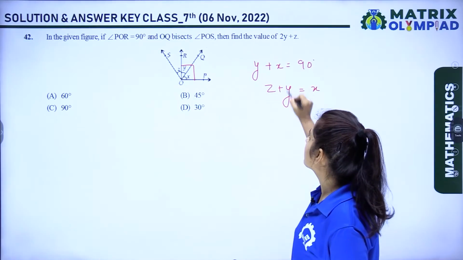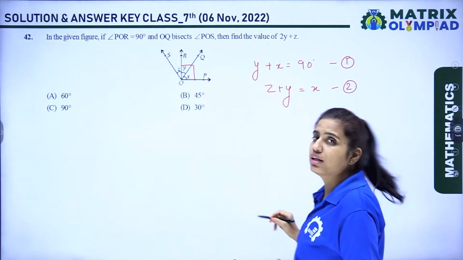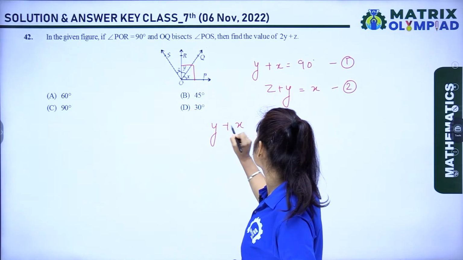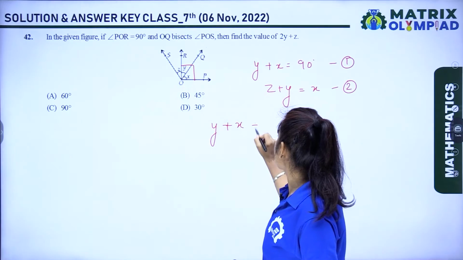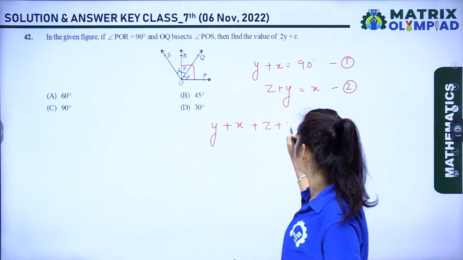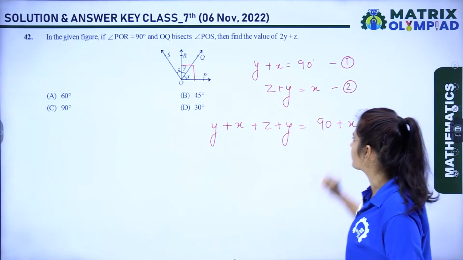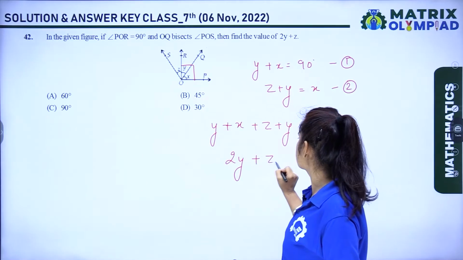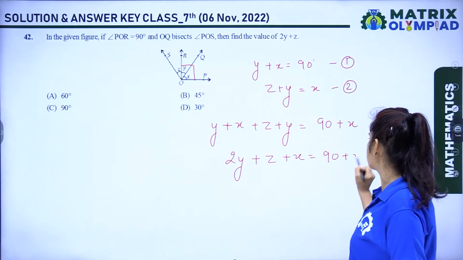Now let's add these both equations. This is equation 1, this is equation 2. Let's add them and find out what value we get. y plus x plus z plus y is equal to 90 plus x. Now here we get 2y plus z plus x equal to 90 plus x.